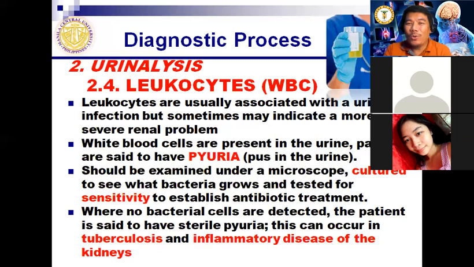Sterile pyuria is when the client is subjected to urinalysis and no bacteria have been detected. So remember, no bacterial cells are being detected. Oh, it's zero. If it's zero, then ask if the client has tuberculosis or has a kidney problem. So it gives us confidence to have a follow-up question to support the results or the findings.